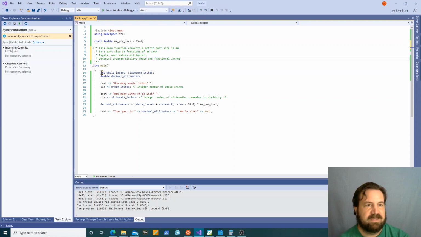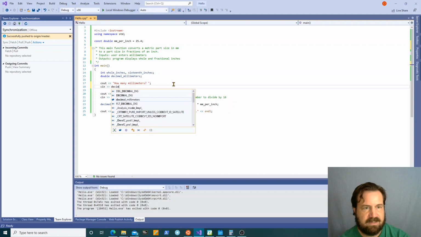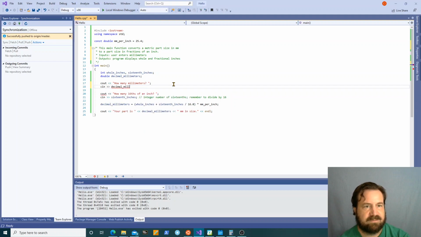Okay. So let's say we want to keep 16th inches as the smallest we go. We'll ask how many millimeters. There's my decimal millimeters. Okay.